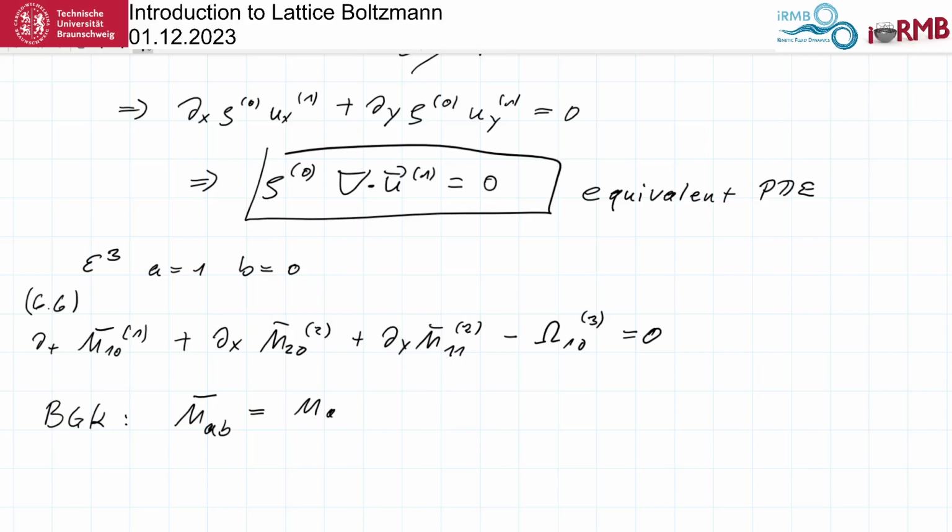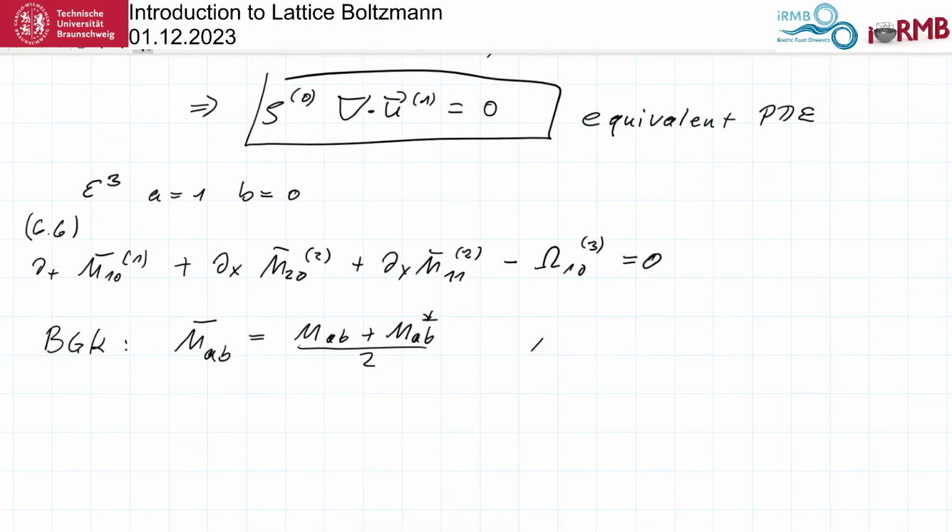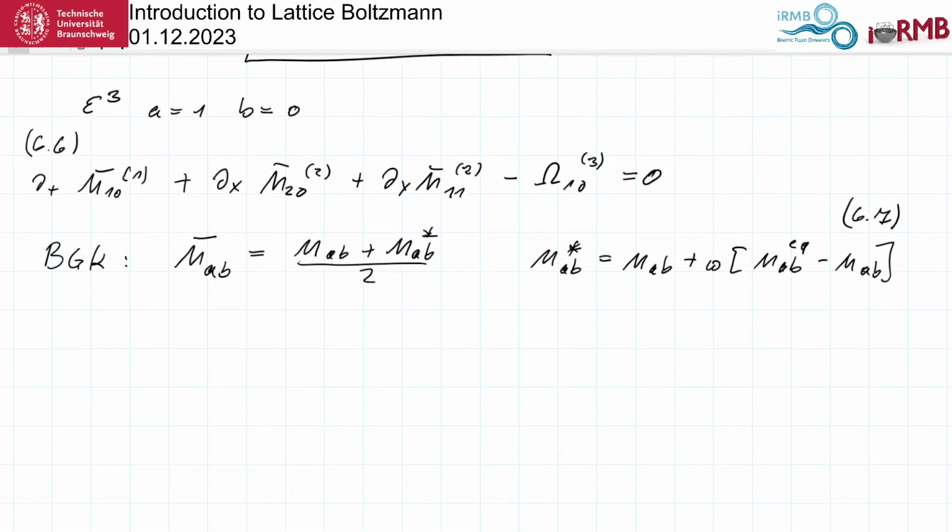so first of all we have M_AB, which was this definition here, and the collision operator is M_AB asterisk equals M_AB before collision plus omega times M_AB equilibrium minus M_AB. This we could also call equation 6.7. And omega_AB is equal to omega times M_AB star minus M_AB.